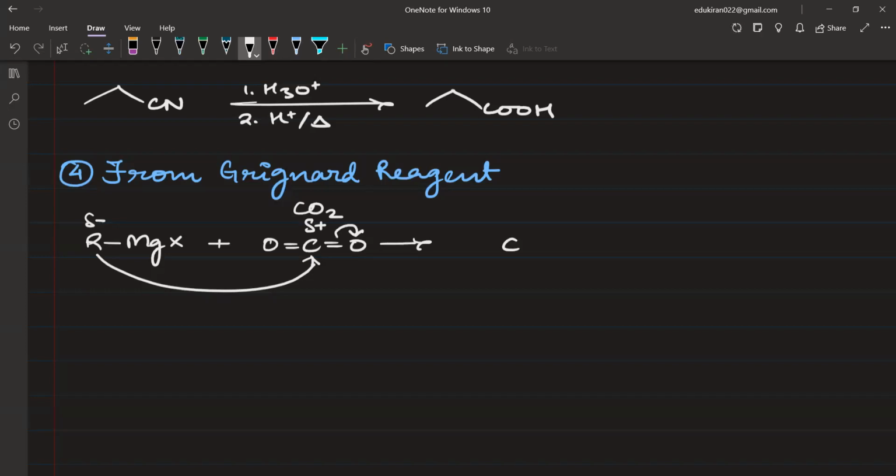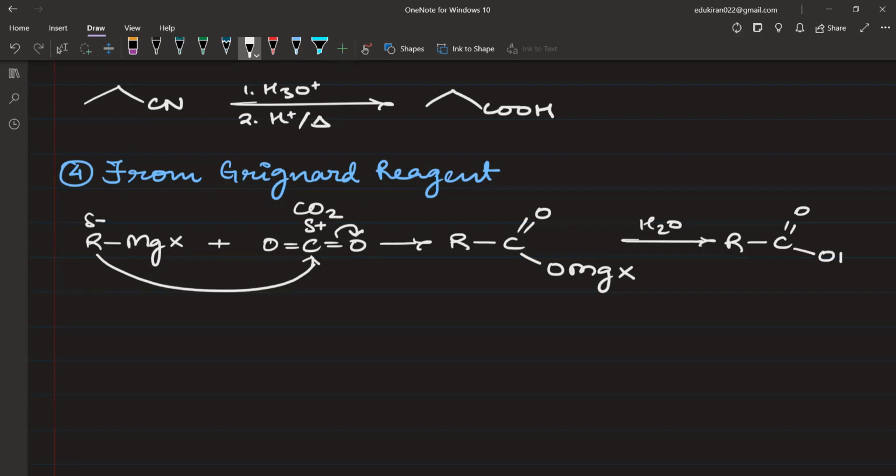This carbon atom will have the R which attacked on the carbon atom, a double bond O, and there will be one O negative. And this O negative will be attached with MgX. After this, you just add water, and you will get R, C double bond O, and OH.